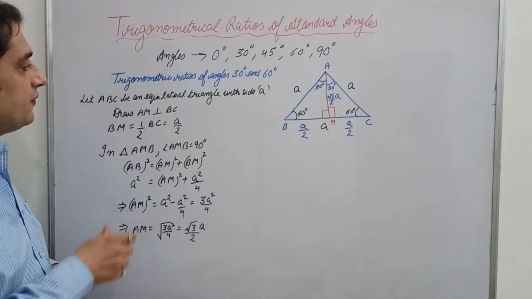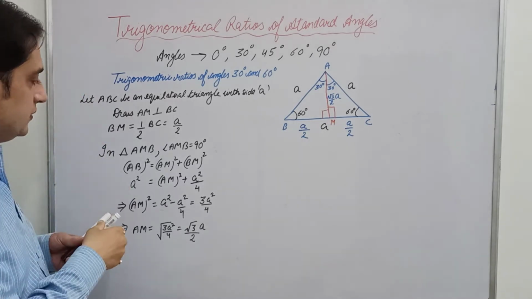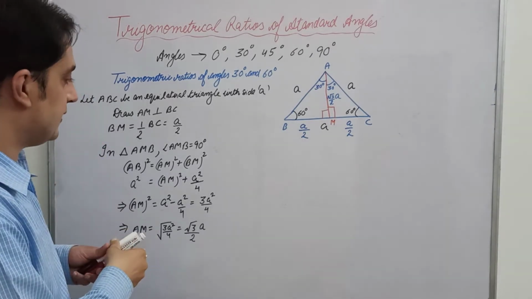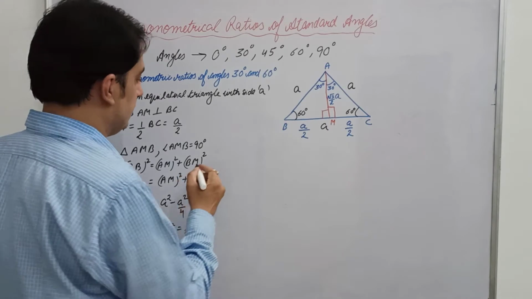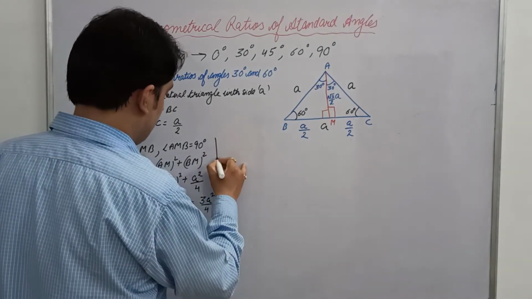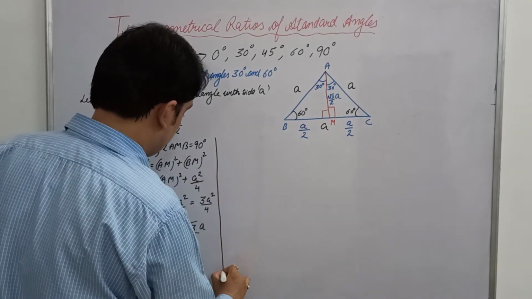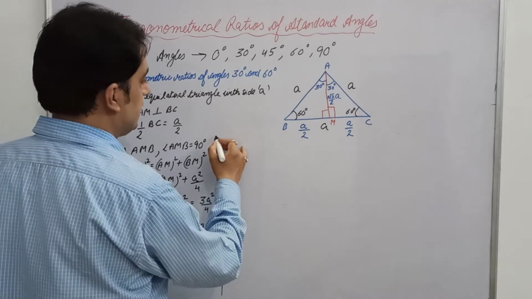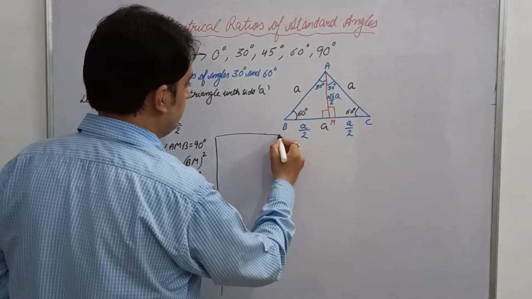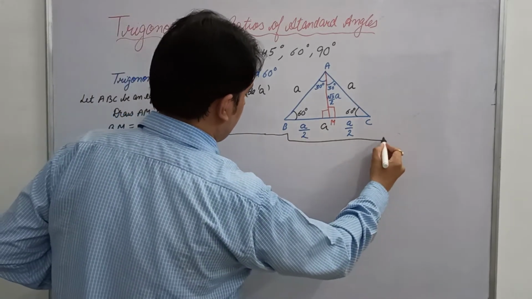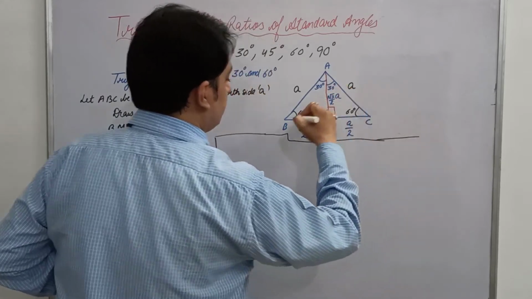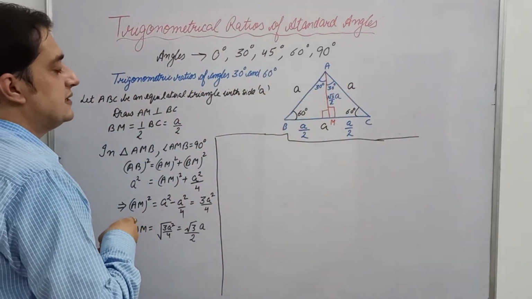Now we can easily find the T ratios for these two angles, that is 30 degree and 60 degree, right? So you can determine the values of these standard angles from these two triangles easily.